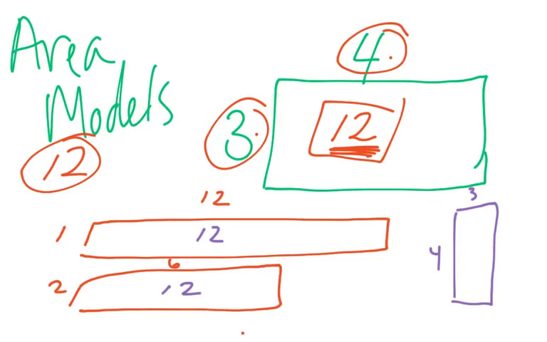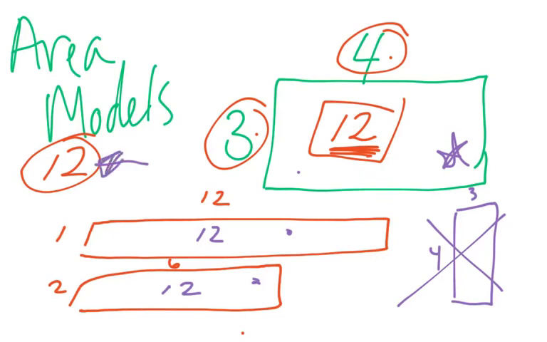That would just be this one right here turned on its side. And I'm looking for distinct or different area models, not repeats that just got turned 90 degrees. So I would not include this one if I were drawing area models. I would have 1, 2, 3 distinct area models to represent the area of 12.